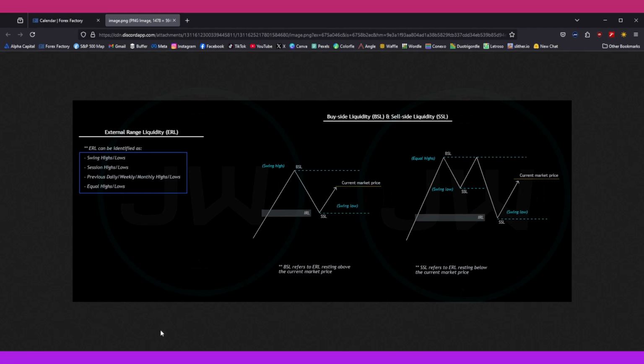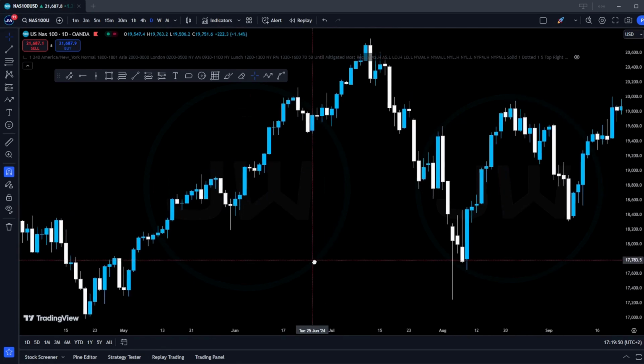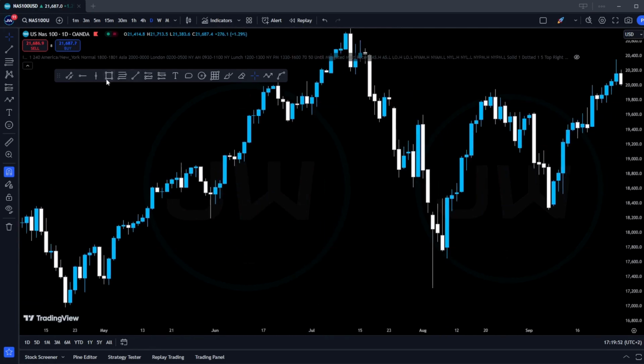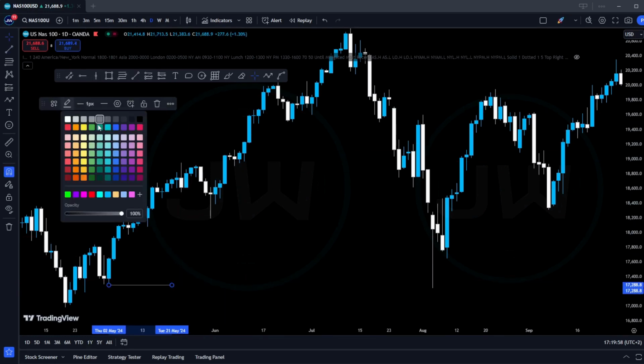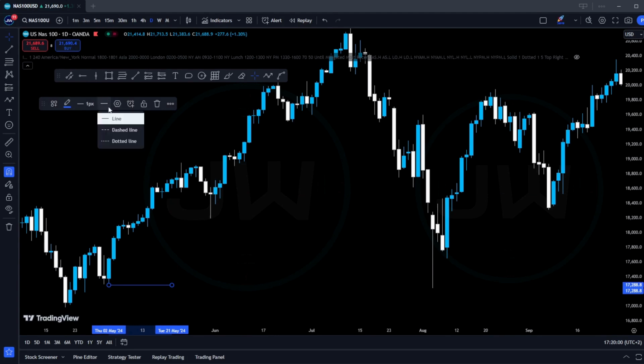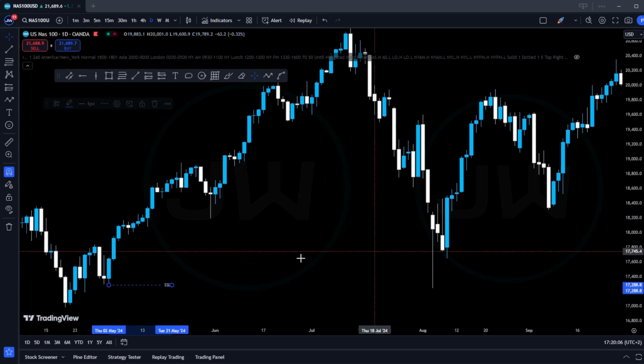So if we look at our example on the chart, let's have a look at how we can view this with the chart. Okay, so if we look at this example, I'm going to put our swing highs and swing lows like this. This will be our sell side liquidity.